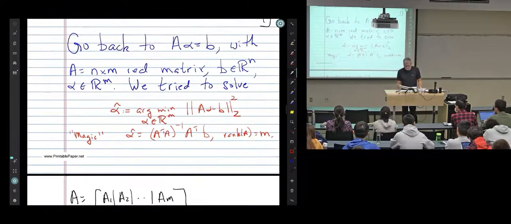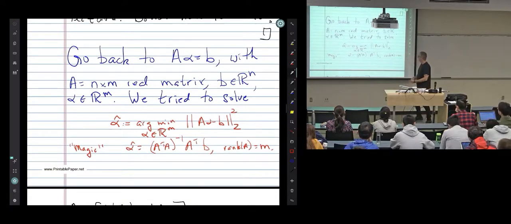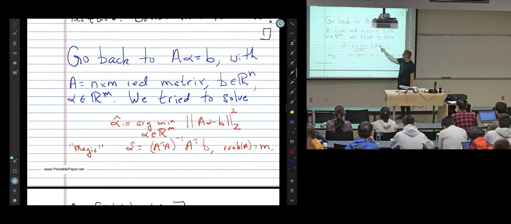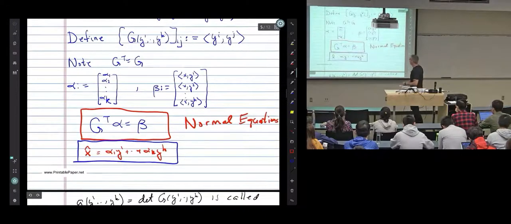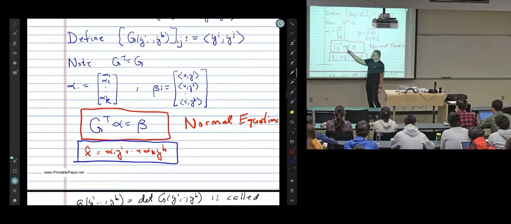So we focused on finding the coefficients.